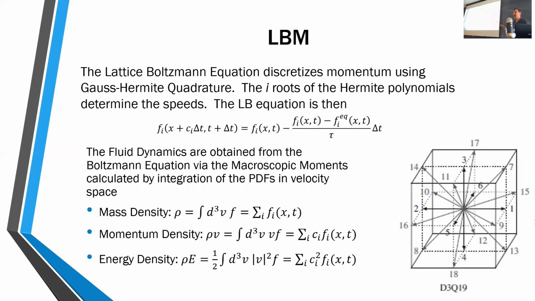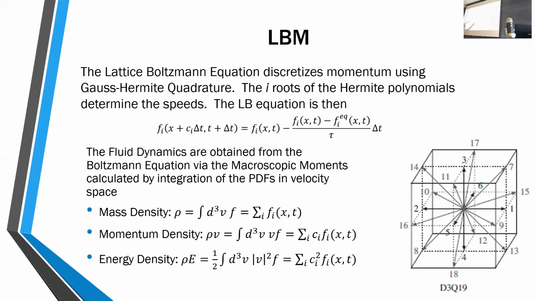Okay, well, here's where I was going to try to answer that first question. So basically, you go through all the formulations, you take a Lattice Boltzmann. The way it works is you discretize the momentum space using the Gauss-Hermite quadrature. You figure out what the speeds are, and you get the roots of the polynomials, and that determines the number. I'll explain how that works in the next slide.